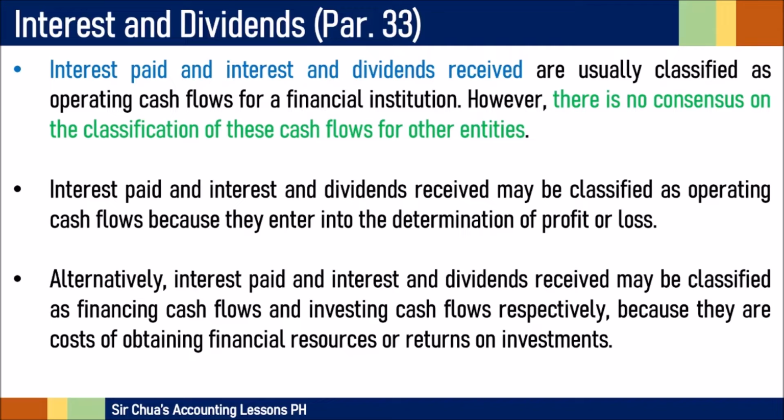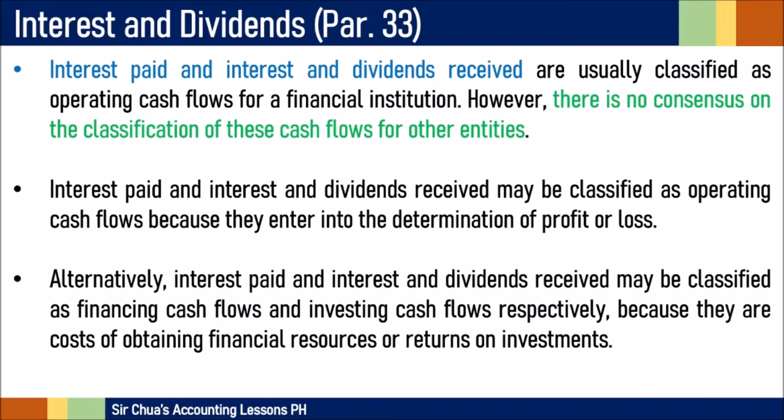It forms part naturally of your net income, so you don't have many adjustments to do on that. However, dividend that is paid to shareholders, then that's the time you actually present it as financing cash flow. For those dividends that you pay to your shareholders, it usually forms part of financing cash flows. So those are the things that you need to remember in interest and dividends.